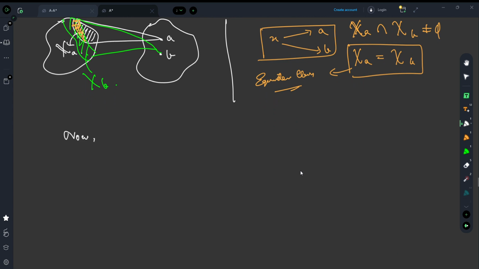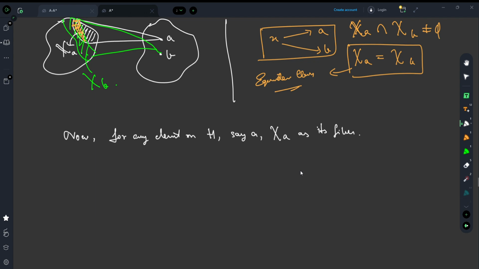Now for any element in H, say A, you have chi A as its fiber. So if chi A is its fiber, bringing A to chi of A is equivalent to saying chi of A is being projected to A by this map.